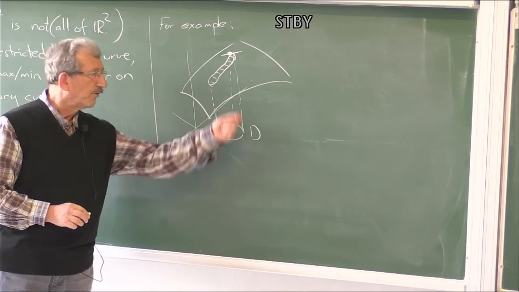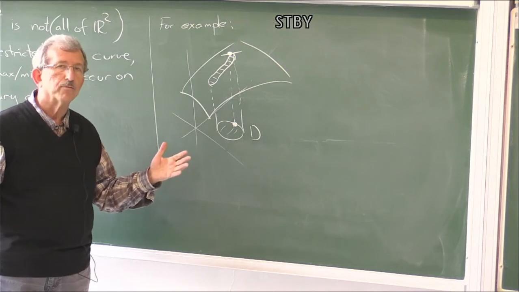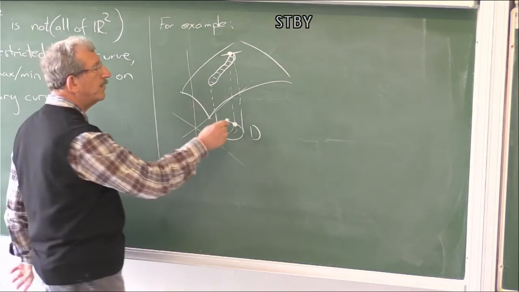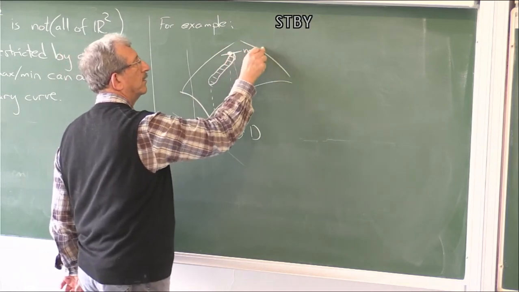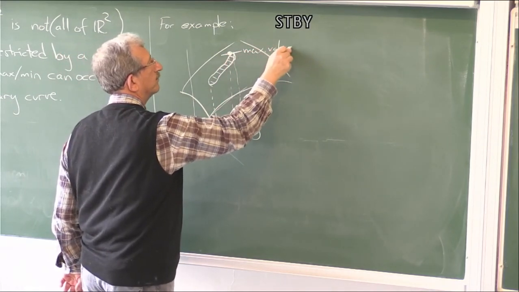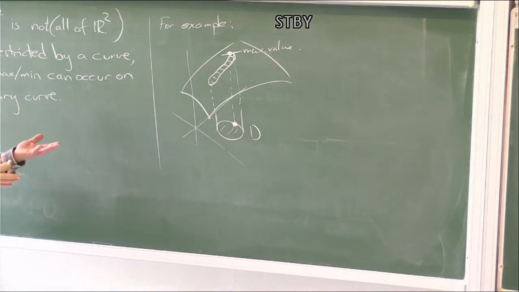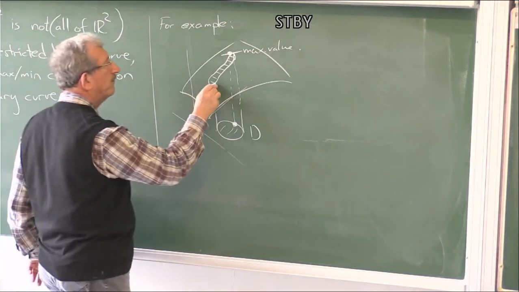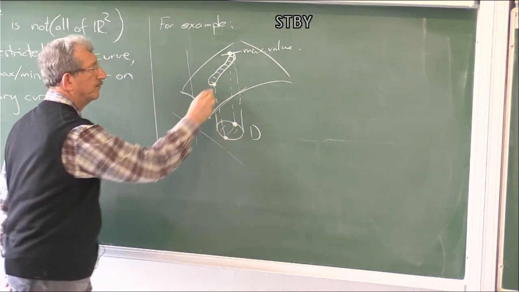It goes around, comes to the same point. It's a nice, smooth curve. So at any point, we can have a maximum value, which occurs on the boundary. And similarly, the minimum value, somewhere here perhaps, occurs at this point.